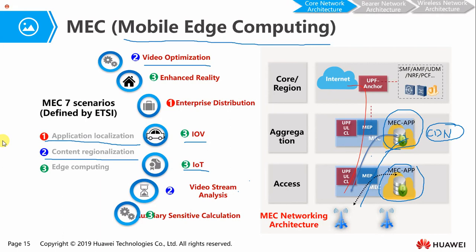No need to go through the core network. Because the video is often very big, maybe 100 Mbps or even 1 Gbps, this can save the bandwidth of the connection between the aggregation layer and the core, because the video is distributed in the local DC.